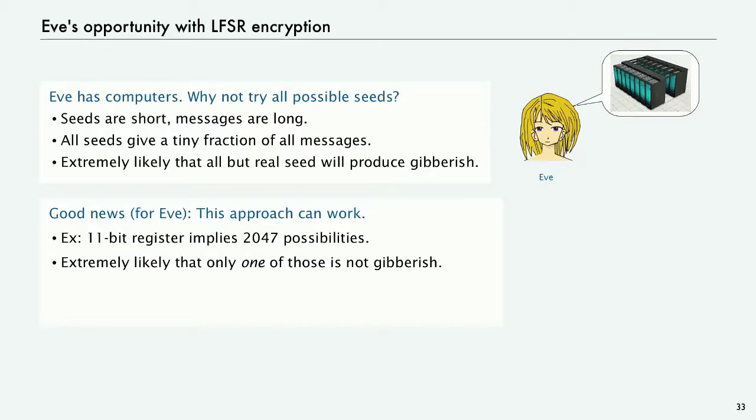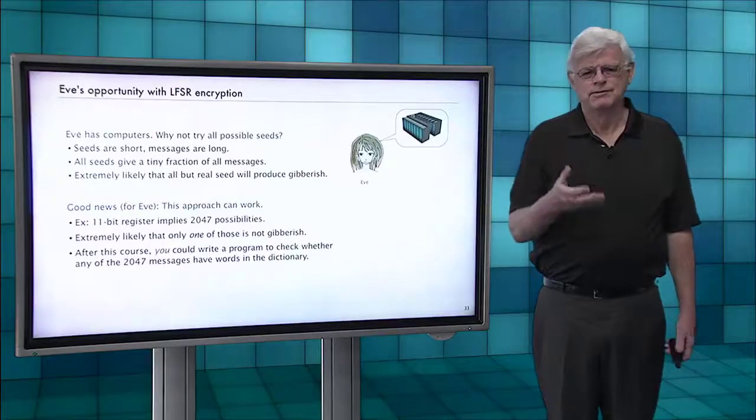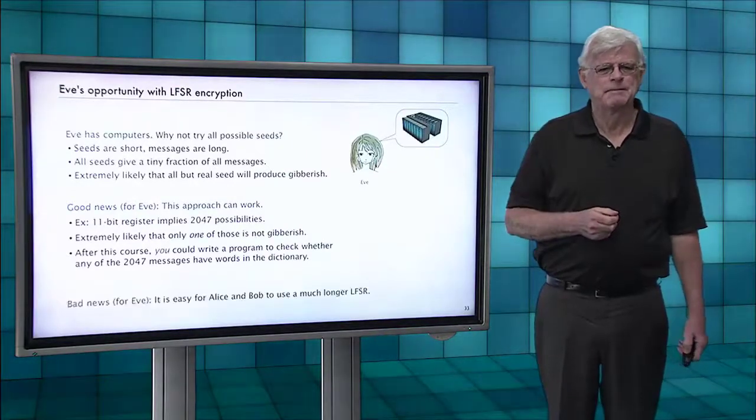Very likely only one of the messages is not gibberish, and really after a little time in this course, you can write a program to do this. Really, you could, and many of you, I'm sure, will try.